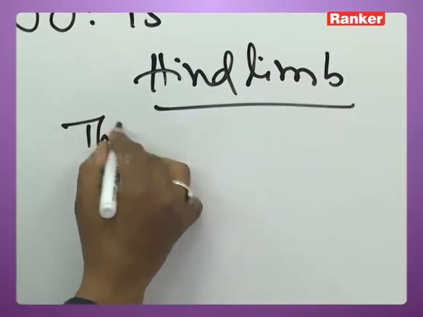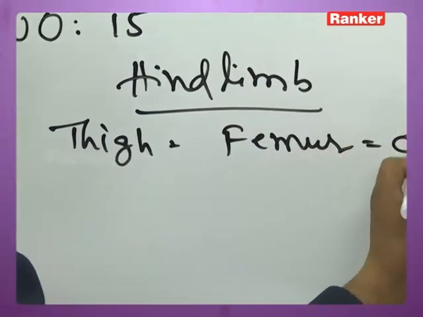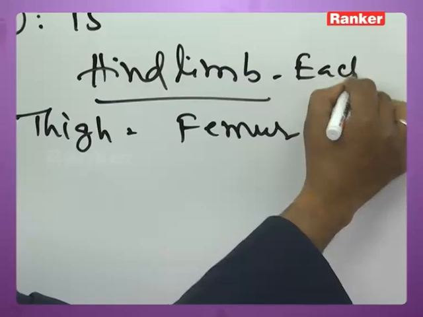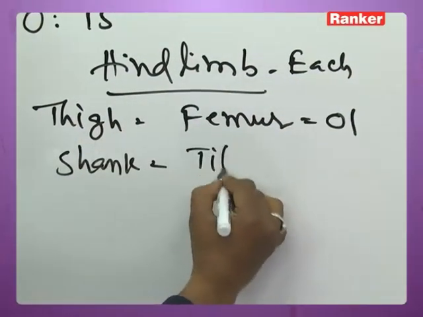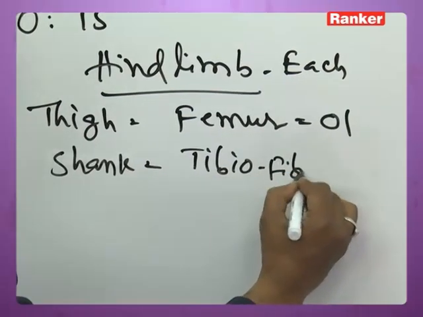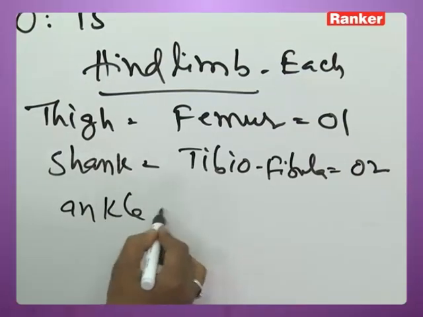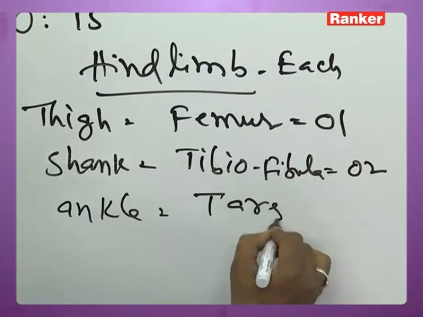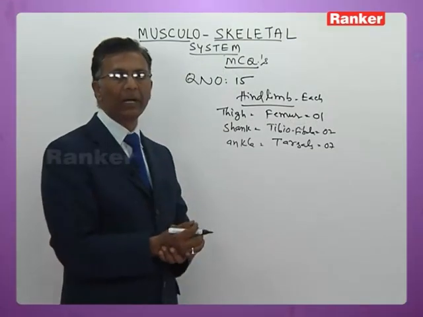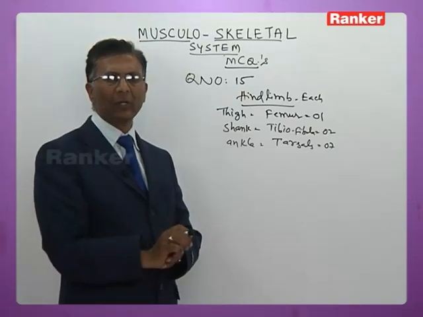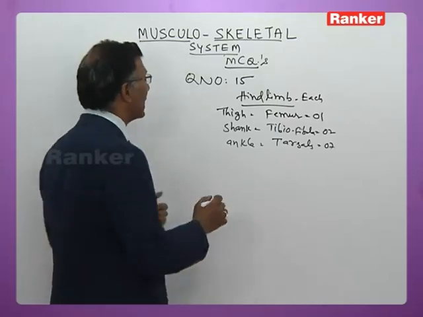In the thigh region, how many bones are present? Only one bone, that is femur, one bone. In the shank, how many bones are present? Two bones are present, that is tibia and fibula, 2. In the ankle region, tarsals are 7, that is calcaneum, talus, cuboid, 3 cuneiform bones, 1 navicular. Okay, the 7 tarsals are present in the ankle region.